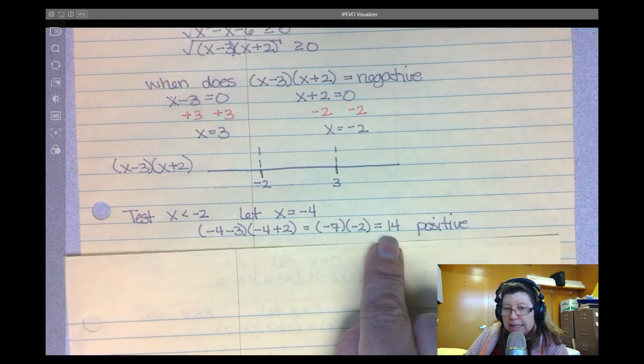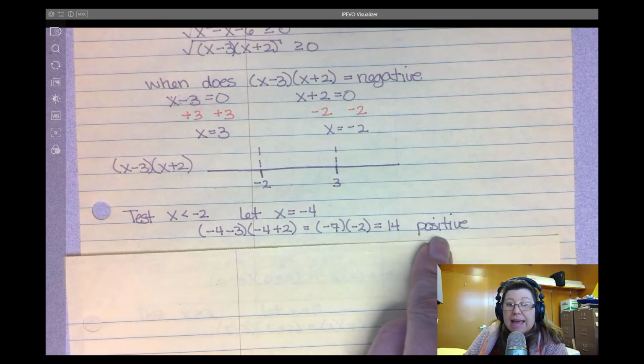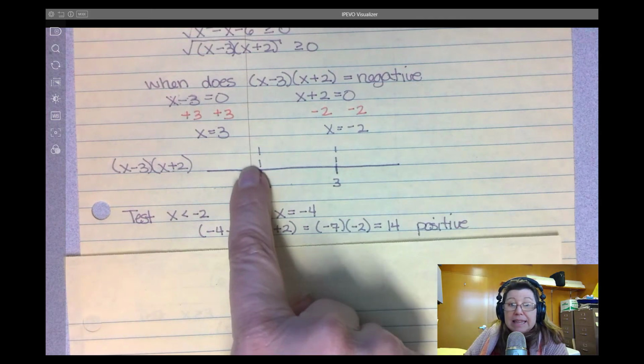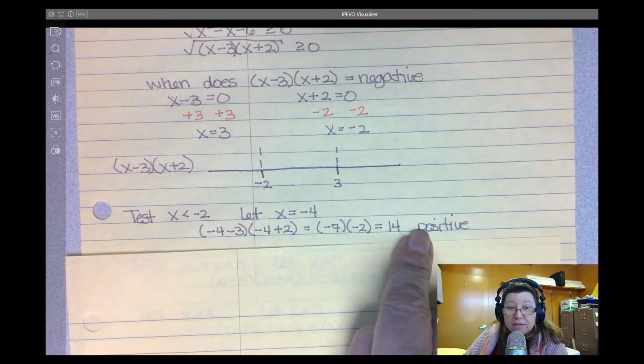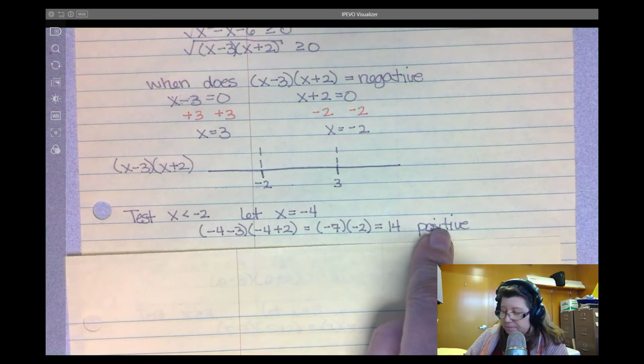More importantly, it's positive. Anything I would have chosen on the left side of -2 would be positive. You try it with a different value; you will get a positive value.